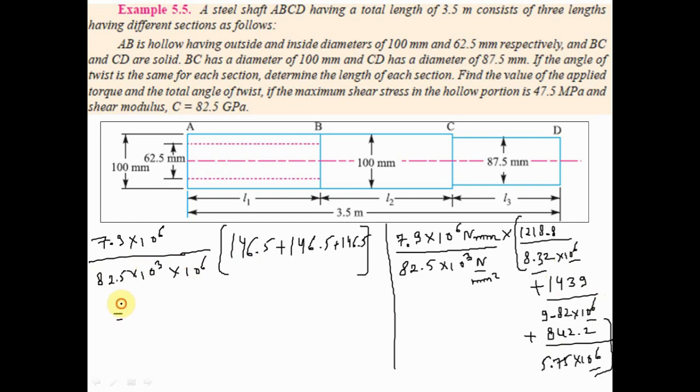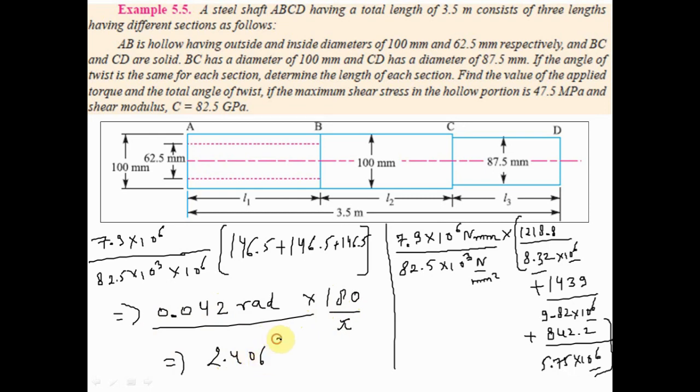It will be equal to 0.042 radians. And in order to convert radians into degrees, you have to multiply by 180 divided by pi. So the answer will be 2.406 degrees.